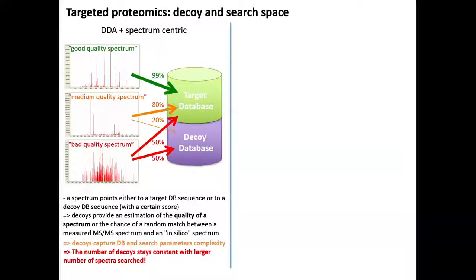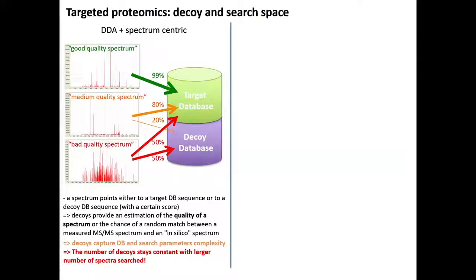What I mean by that is that if you search one spectrum, it will extract, at the precursor isolation width that you search your database with, a certain number of target hits and a certain number of decoy hits, and then it will try to find the best match between those subsets of the database. But whether you search 1 spectrum or 1 million spectra, the number of targets and decoys that you get for each test will be the same.